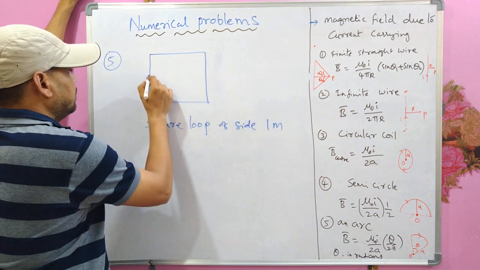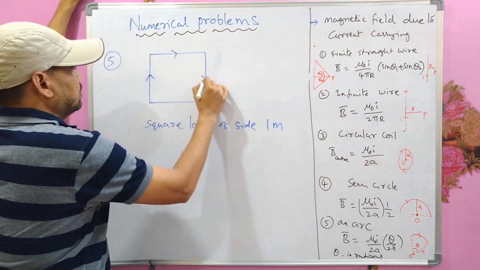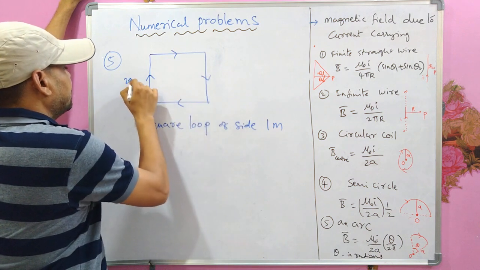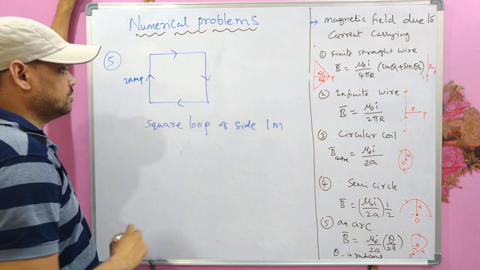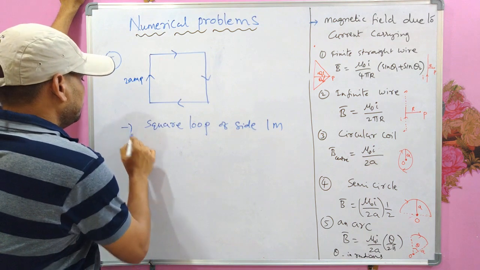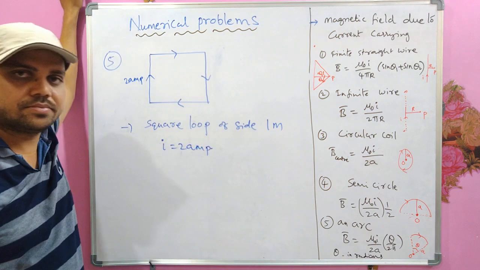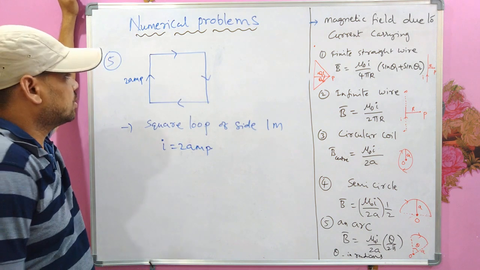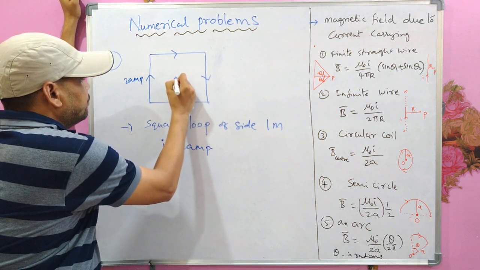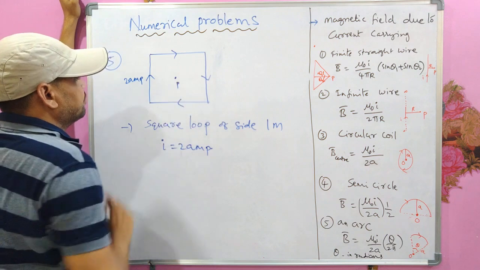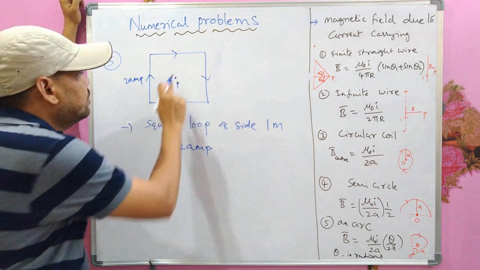Each side is 1 meter, and 2 ampere current is flowing through it. So I is equal to 2 amperes. I want to find out the magnetic field at this point P, which is at the center of the loop.